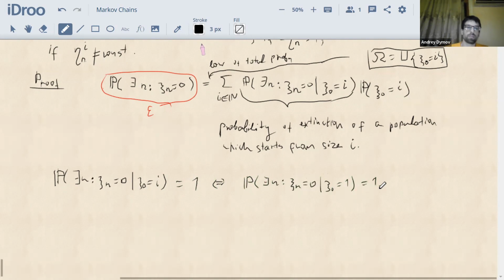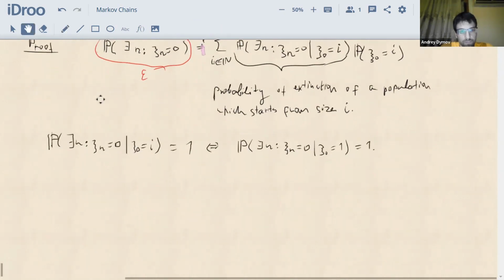Look, I replace the condition that I have I individuals in the zeroth generation by the condition that I have one individual at generation 0.